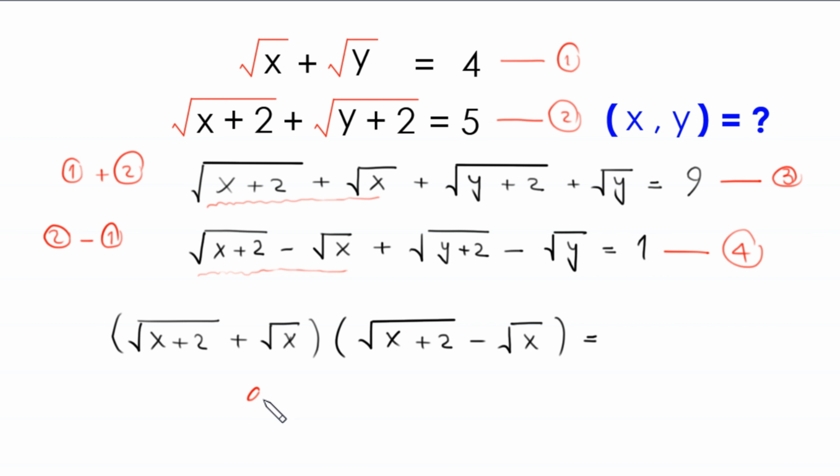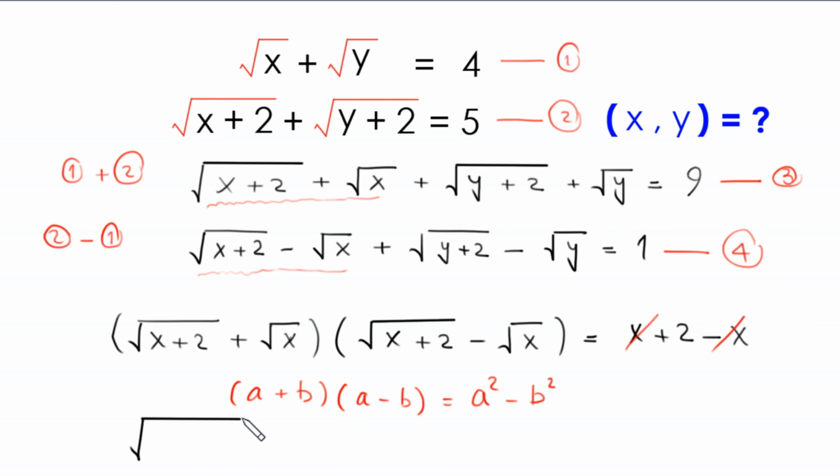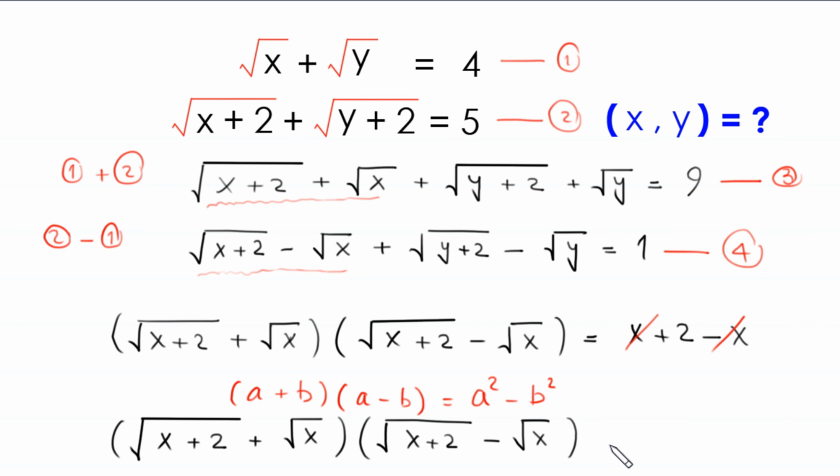By using the algebraic identity (a+b)(a-b) = a² - b², this becomes (x+2) - x, the negative x cancels with the positive x, and we are left with 2. So (√(x+2) + √x)(√(x+2) - √x) = 2. Let's call this equation number 5.